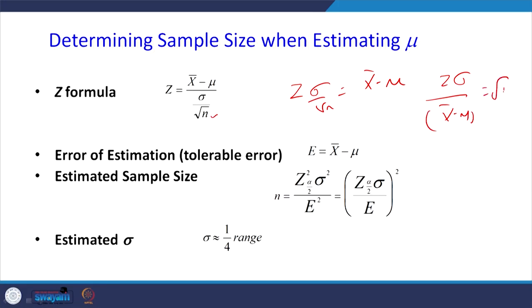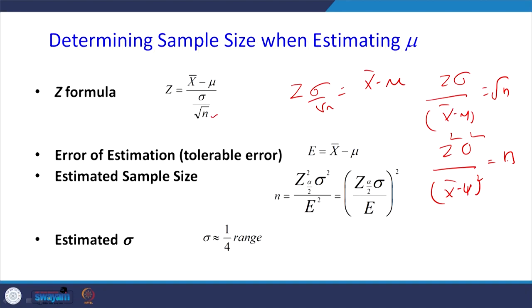You square both sides, so z square sigma square divided by x bar minus mu whole square, that will be your n.